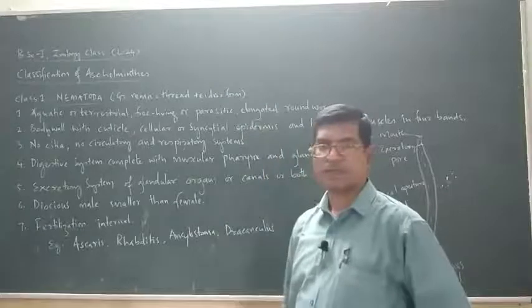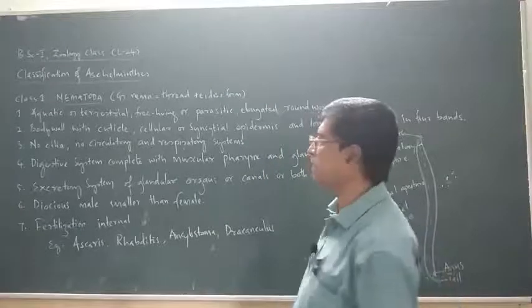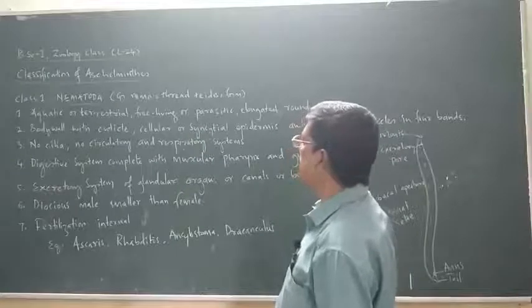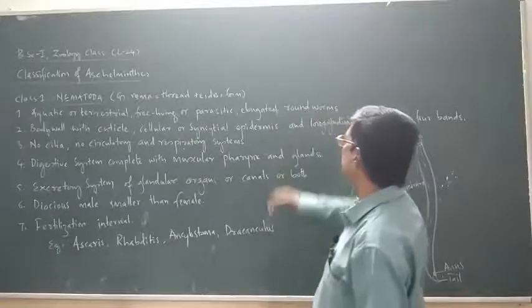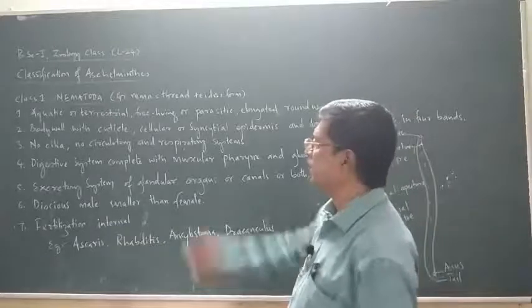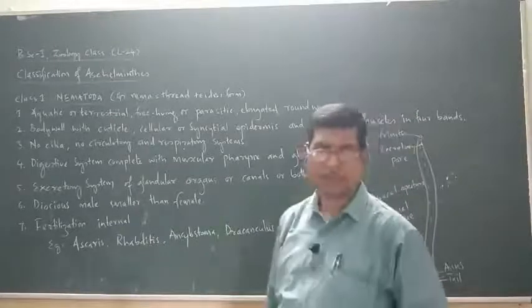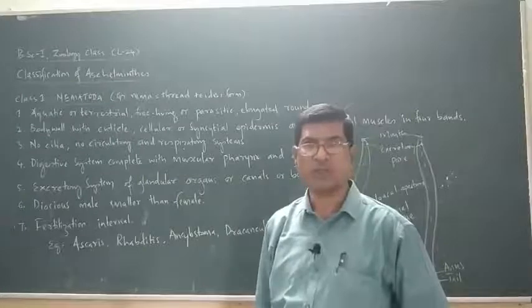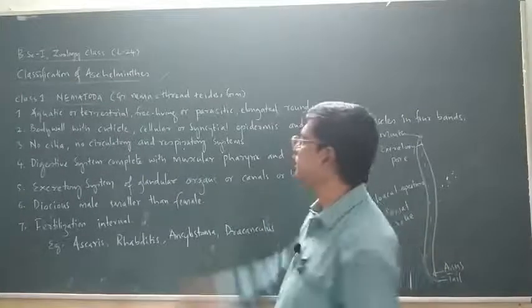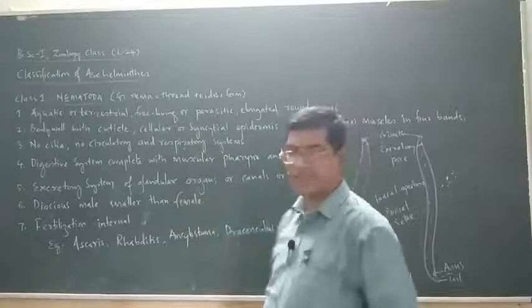So let us discuss general characteristics of this class. Aquatic or terrestrial, free living or parasitic, elongated round worms. They may live in water or on land. Free living or parasitic.